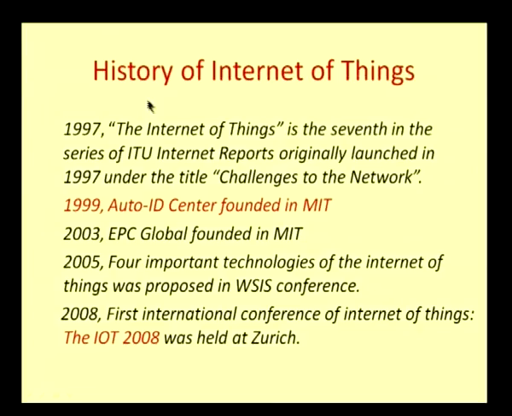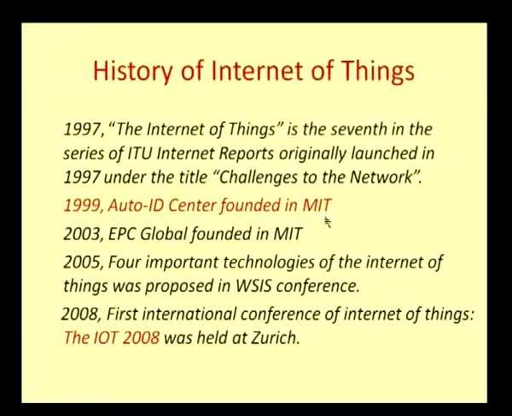So, this is the reason for connecting different objects through internet. Once you consider the internet history, Internet of Things, here in 1997 we had the challenges to the network, how to connect various objects. In 1999, Auto ID Center, founded in MIT.